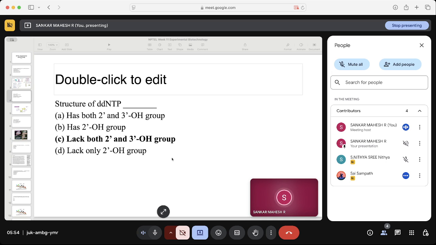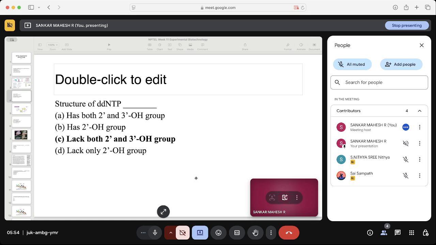So that means in a DDNTP where we want to terminate the reaction, definitely 3' OH cannot be there. It lacks 3' OH, sir. Yes, DDNTP. And should it lack 2' OH as well? I have no idea about that. I know about only 3' OH it lacks.